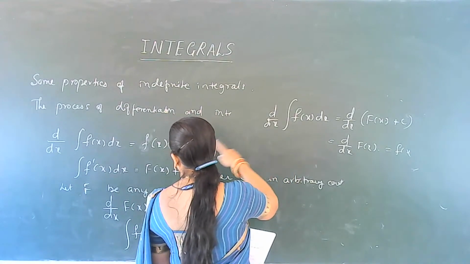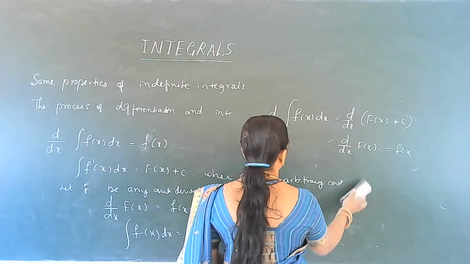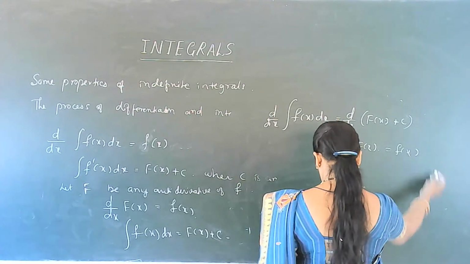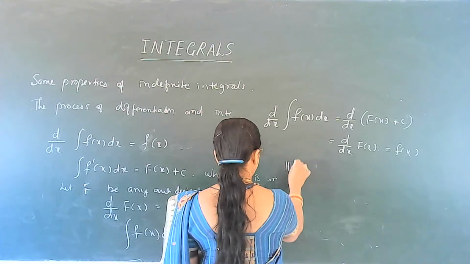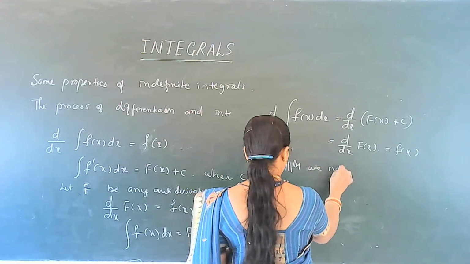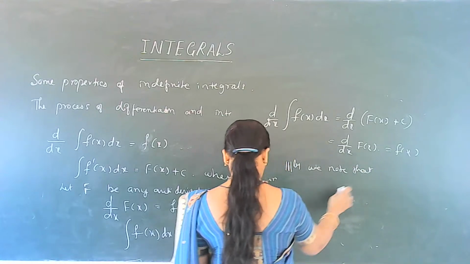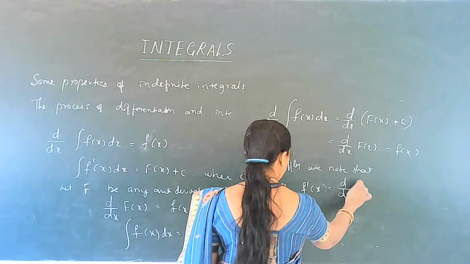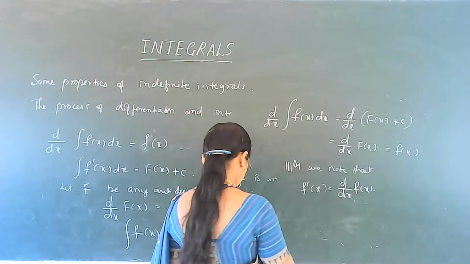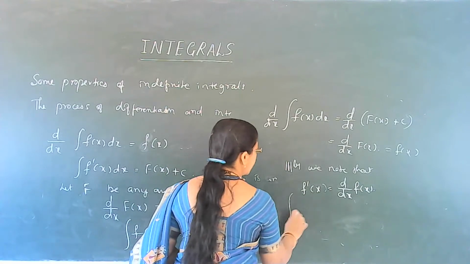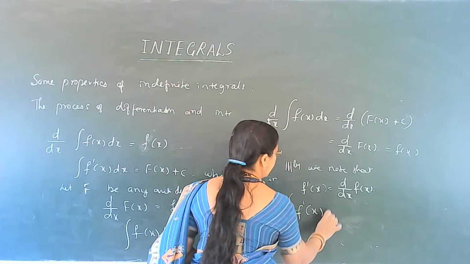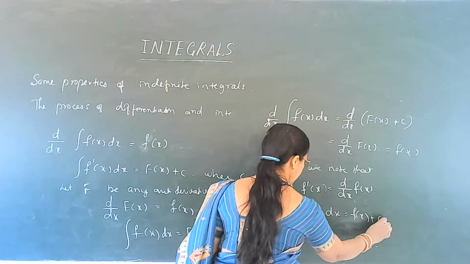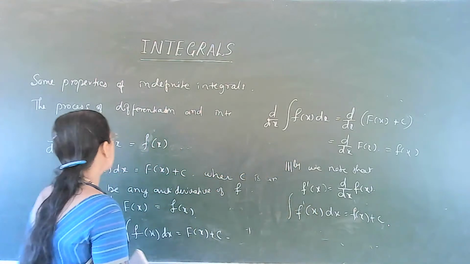Or integration of d by dx of f of x. Similarly, we know that f dash x is equal to d by dx of f of x. Hence, integration of f dash x dx is equal to f of x plus c.